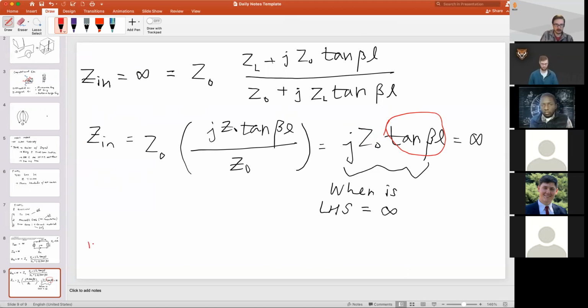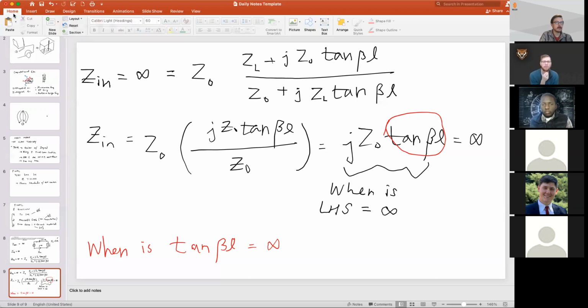So when is this equal to infinity? What should this be equal to if you want tangent beta L to be equal to infinity?